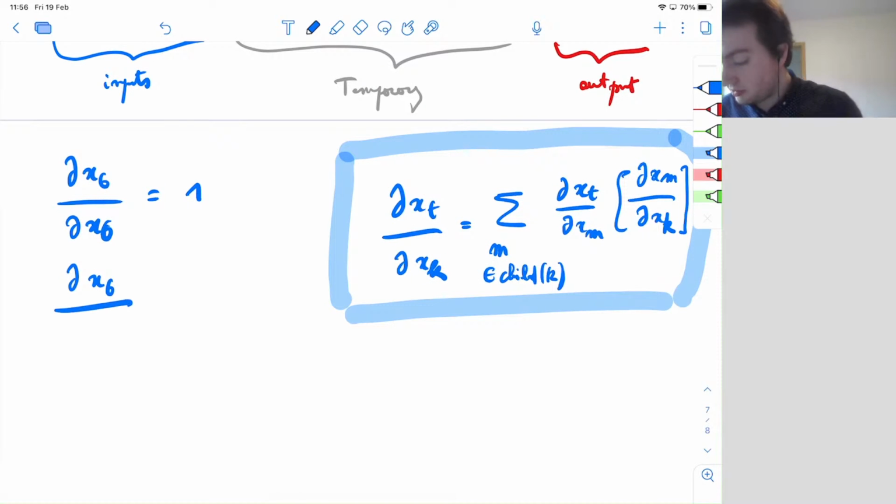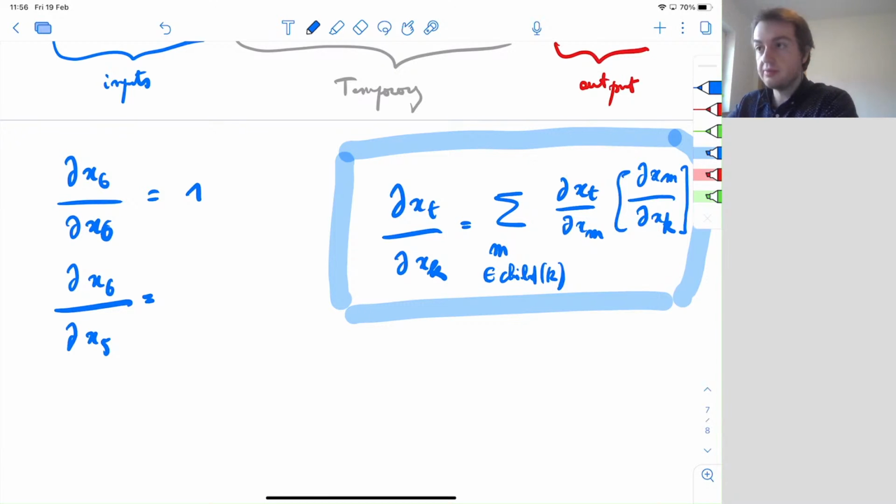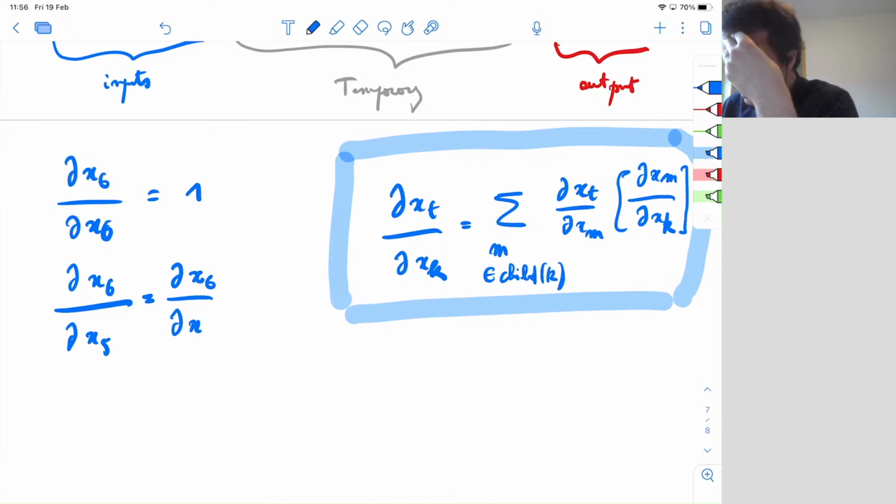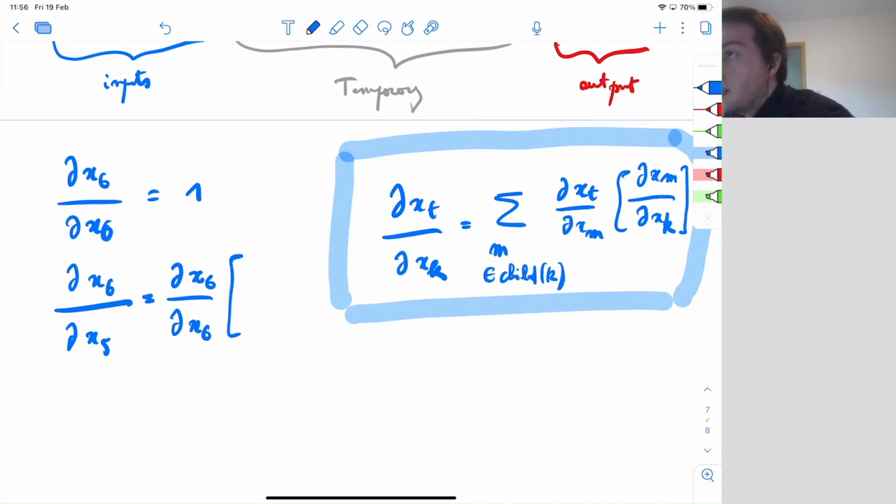Okay, so the first one will be x5, right? So x5 has only one child node, which is x6 itself. And so in this case, we would have x6 with respect to itself times x6, the child node, with respect to x5.